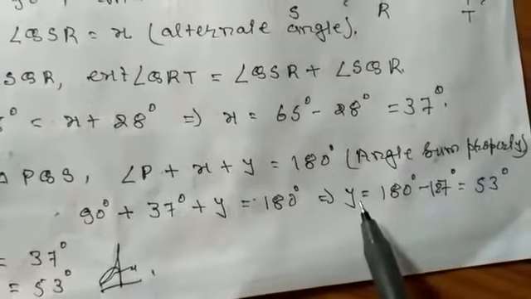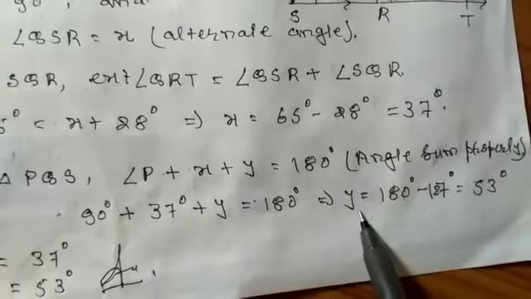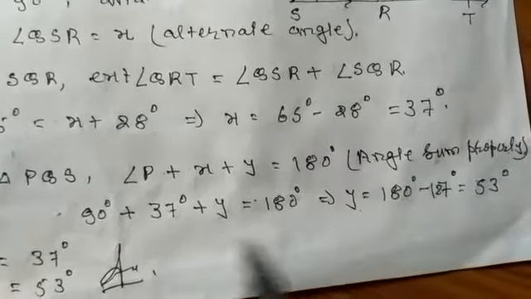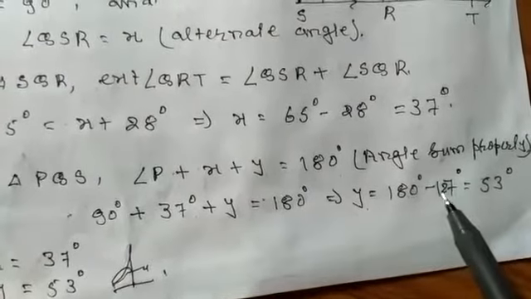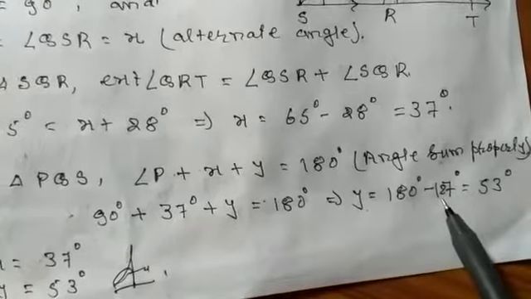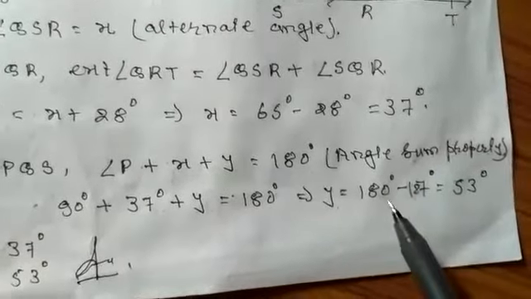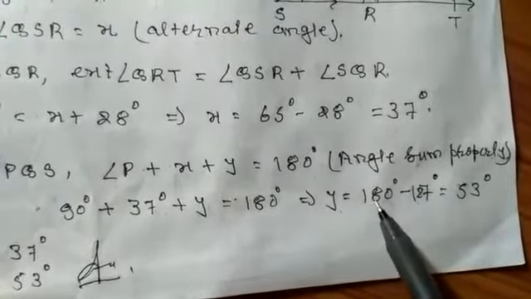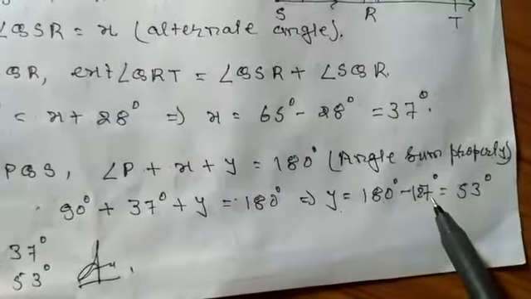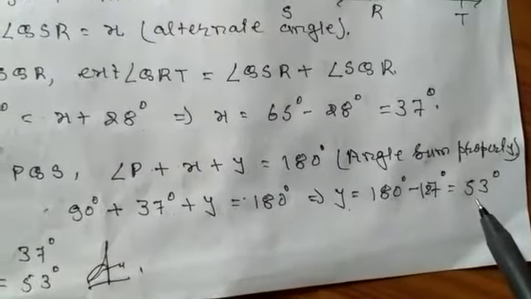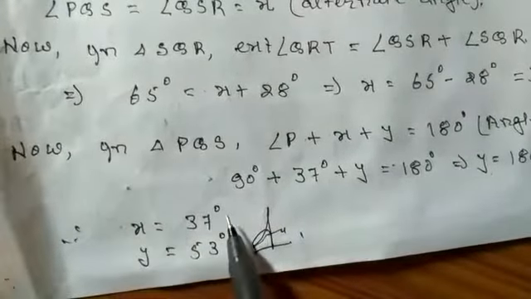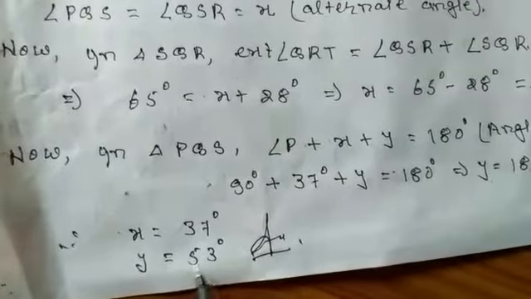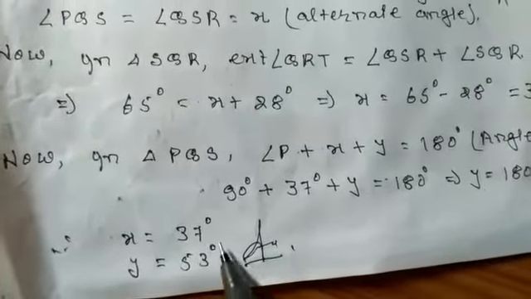On further solving, Y equals 180 degrees minus, when you add 90 plus 37, you get 127 degrees. When you subtract 127 degrees from 180 degrees, you get 53 degrees. Hence we got the value of X is 37 degrees and the value of Y is 53 degrees, and this is our required solution.